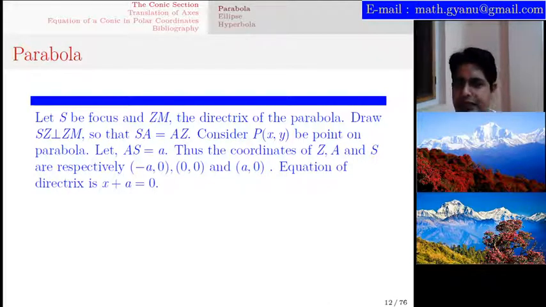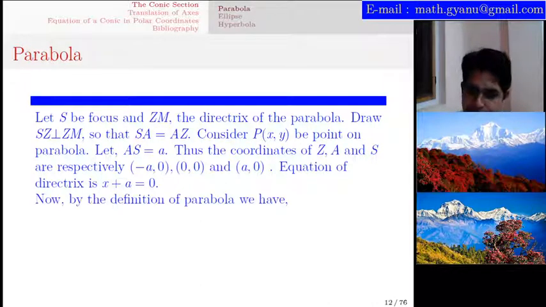Why? The line of directrix is a units apart from the origin on the left side, that means in our figure it lies on the left side of the y-axis. Its value will be x = -a. Always the abscissa will be constant. So the equation of the directrix will be x + a = 0.